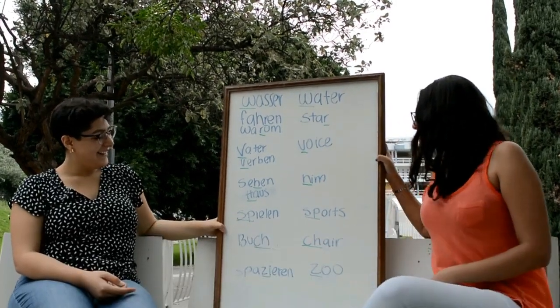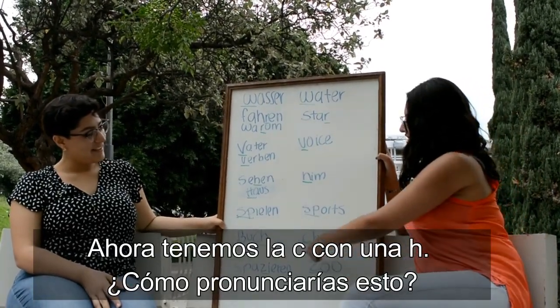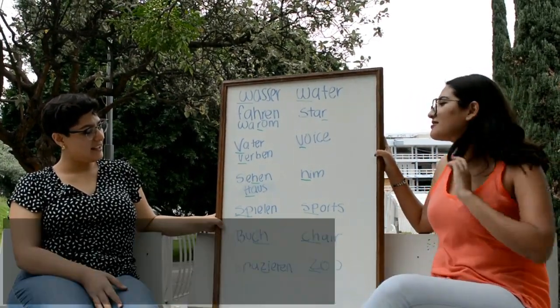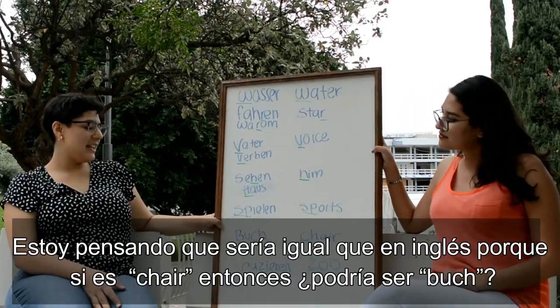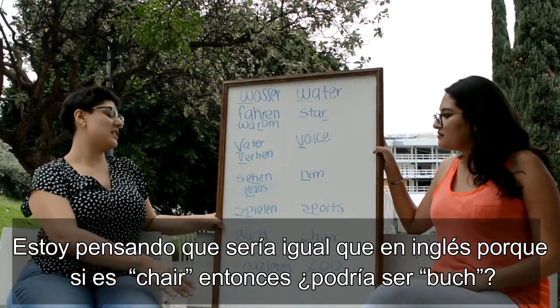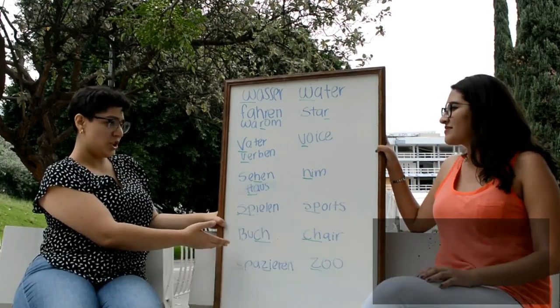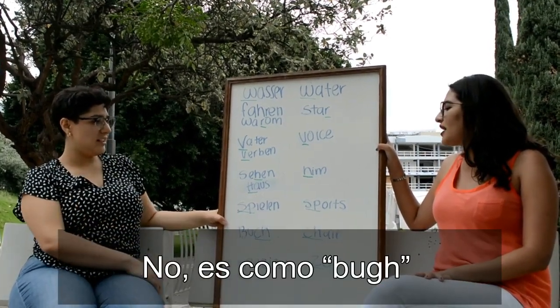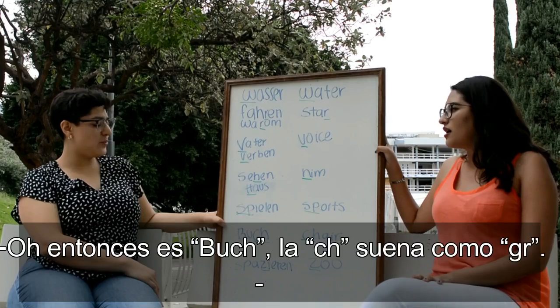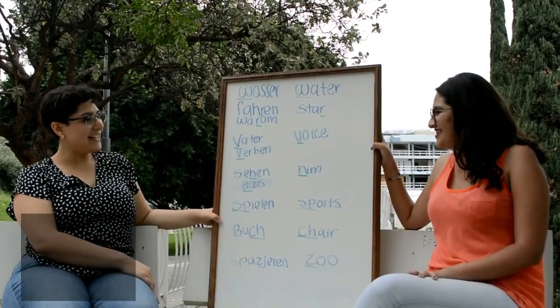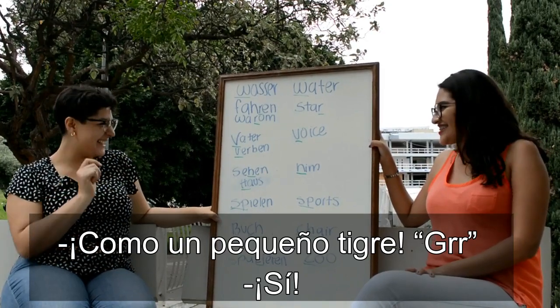So now we have the C with an H. How do you say that? I'm thinking that it might be the same as in English because it's chair and it might be Buch. No, it's more like book. Oh, so it's Buch. Like CH sounds like a little tiger. Yes.